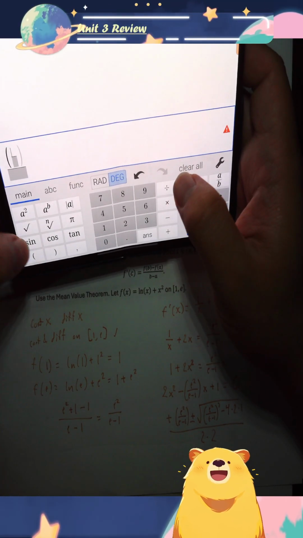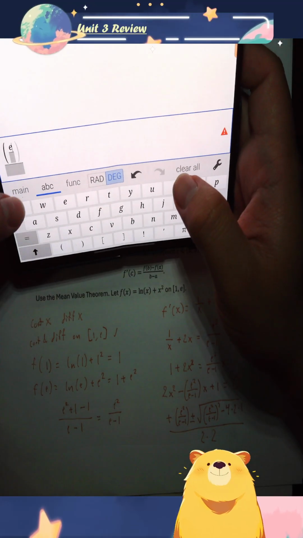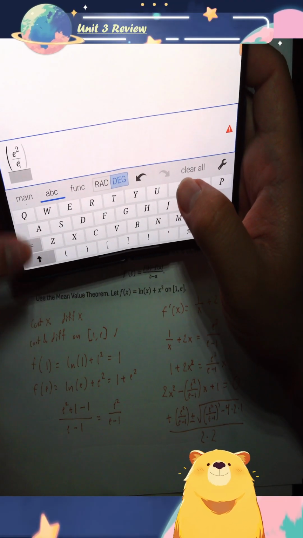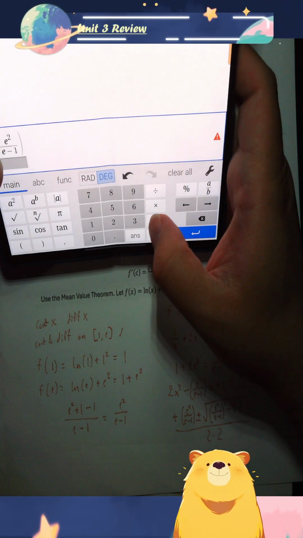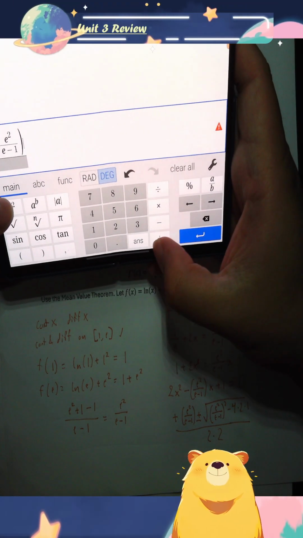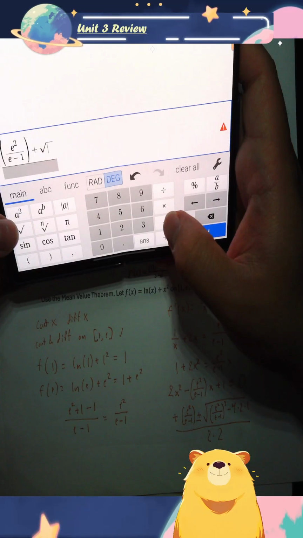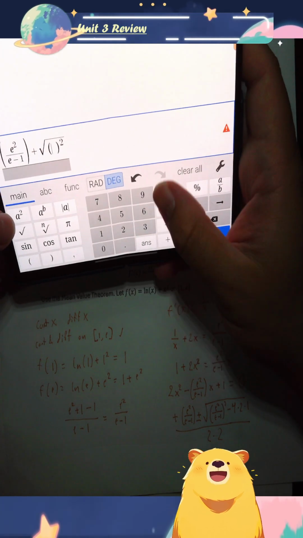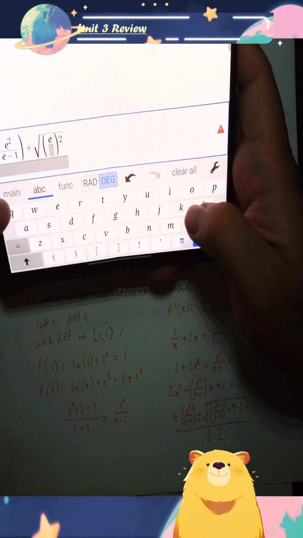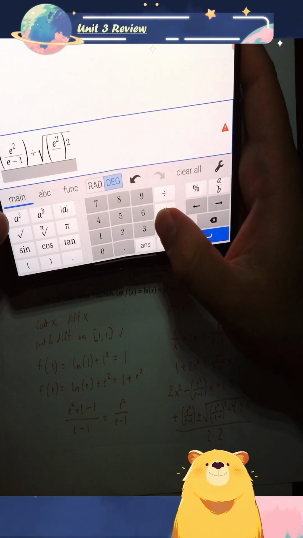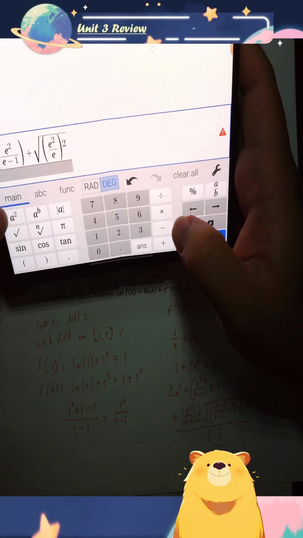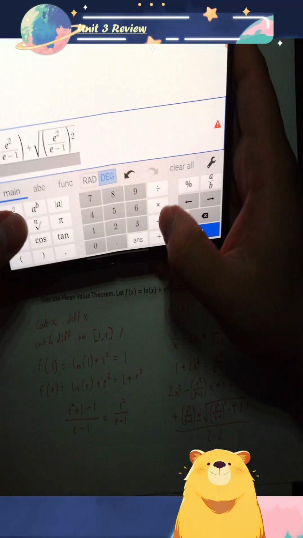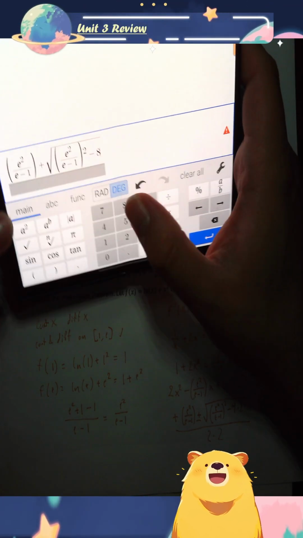Okay, so fraction first. We're going to do a fraction with an expression. It's e squared over e minus 1. And then I'll do plus the square root of, again, this expression squared, minus 4 times a times c, which is 8.